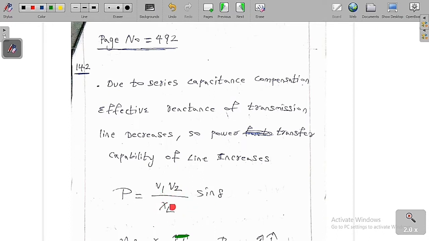XL is the overall reactance of the line. Because we keep a capacitor, which has a minus jXC, the overall reactance gets decreased. When this overall value decreases, the power value will increase. The maximum amount of power transfer can be increased by keeping the series capacitance in the transmission line.